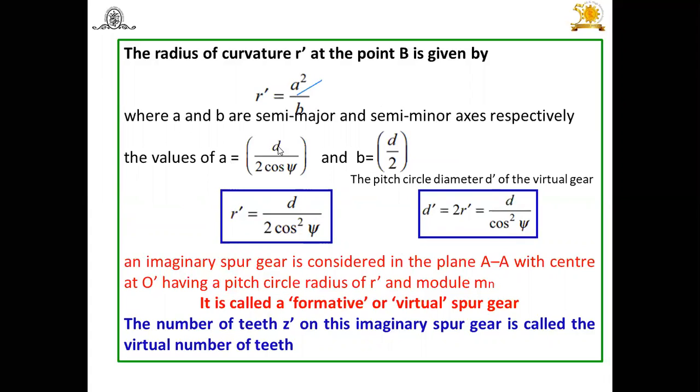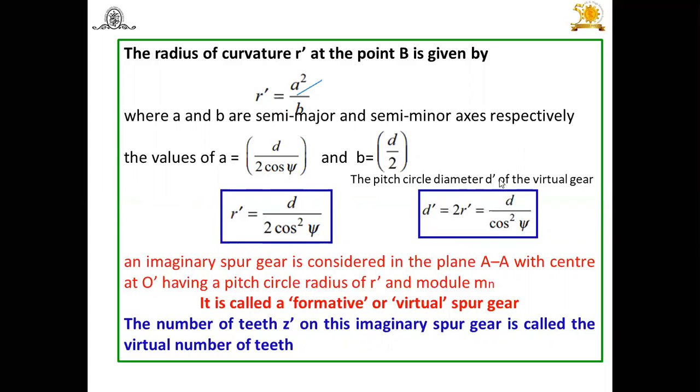But we know a is equal to d upon 2 cos psi, and b is equal to d by 2. After substituting the values of a and b in this equation, what would we get? R dash is equal to d upon 2 cos squared psi. But d dash means 2R dash, so d dash is equal to d upon cos squared psi.